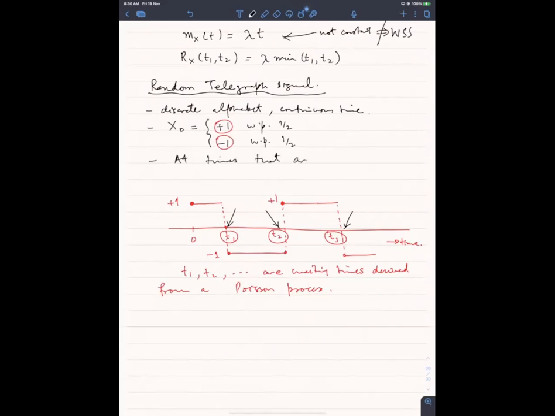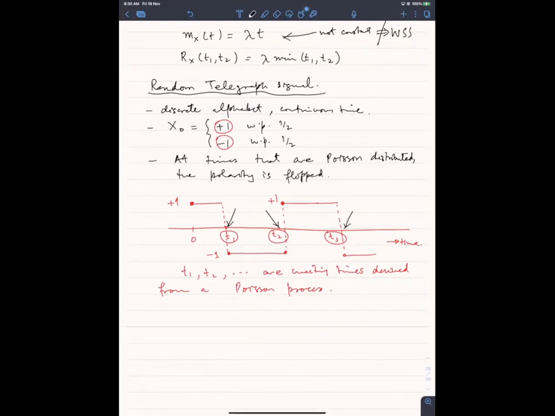that are Poisson distributed, at time instants, times कह लें या time instants कह लें, at time instants that are Poisson distributed, the polarity is reversed, is flipped.